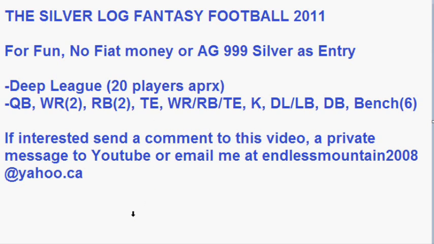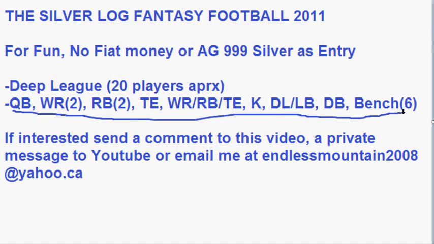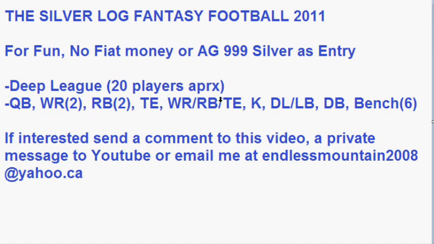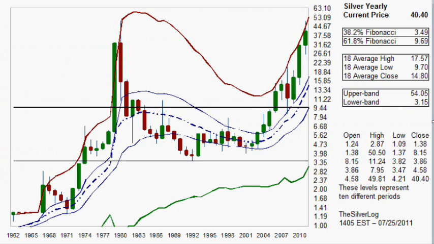Let me know that you're interested. Nothing has been set up yet. This is only for open interest right now. I'm doing a deep league this year, about 20 people. No team defenses, but there will be two defensive players: a defensive lineman or linebacker, as well as a defensive back, which is either a safety or a corner.